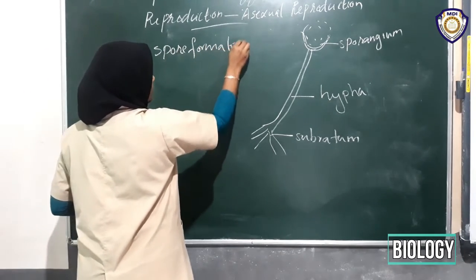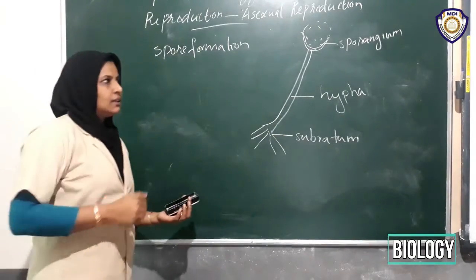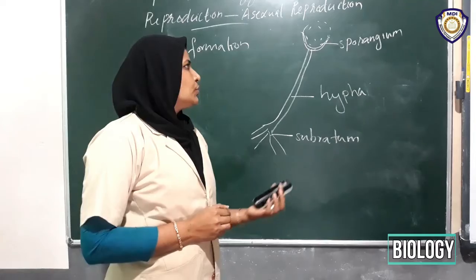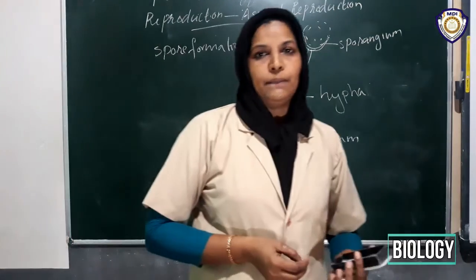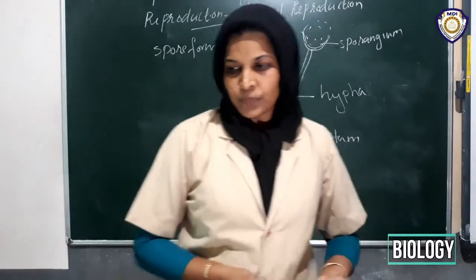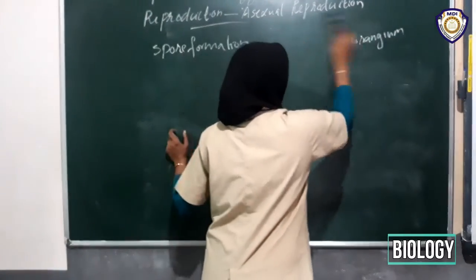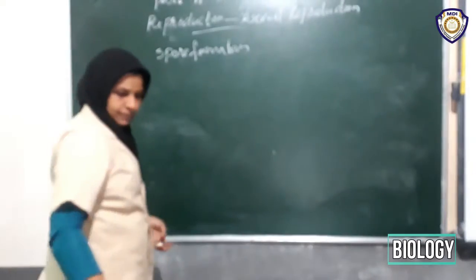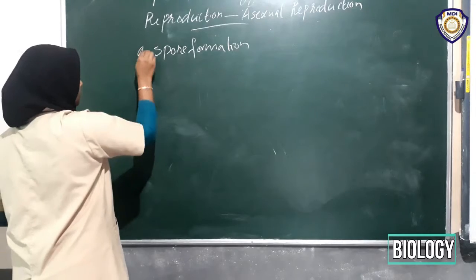It is noted in Rhizopus. Study the examples. Another example I already told you is mucor, and penicillium. These are fungi. Next, the process is called fragmentation.